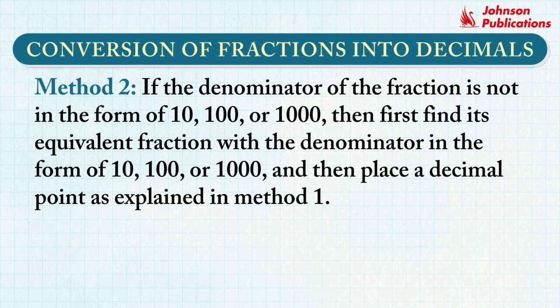Method 2. If the denominator of the fraction is not in the form of 10, 100, or 1000, then find its equivalent fraction with the denominator in the form of 10, 100, or 1000, and then place a decimal point as explained in method 1.